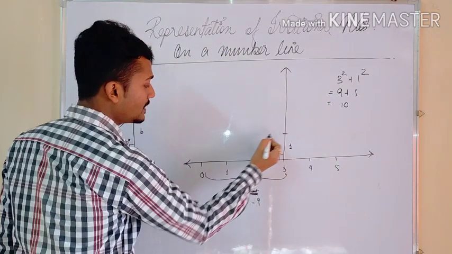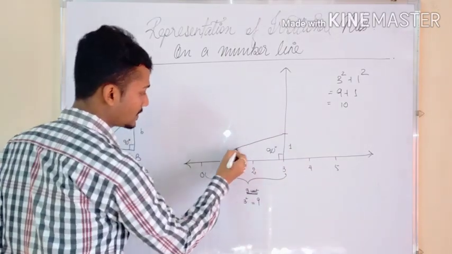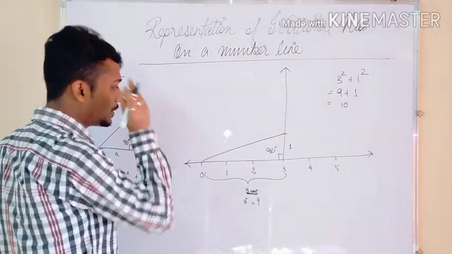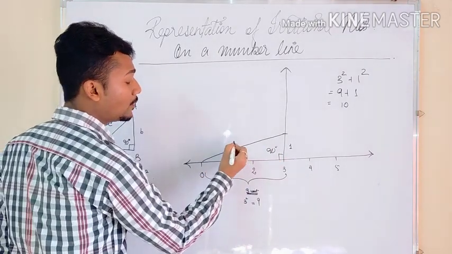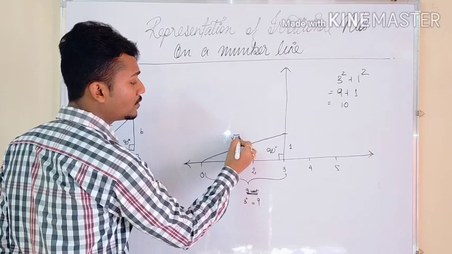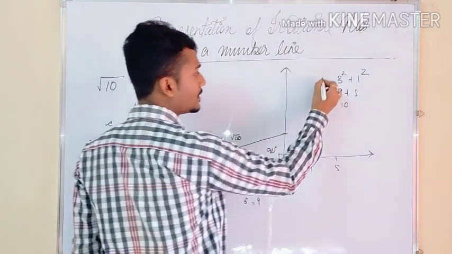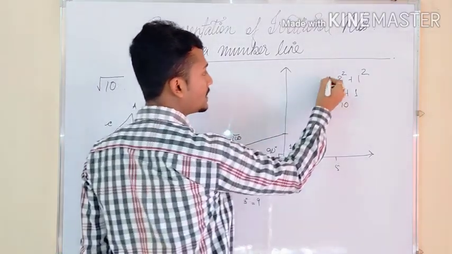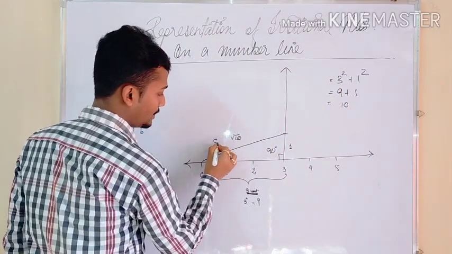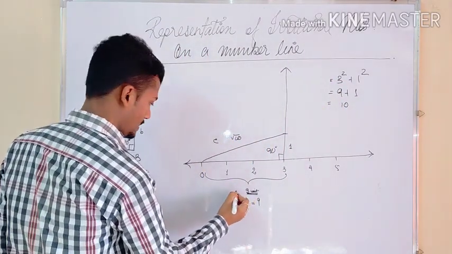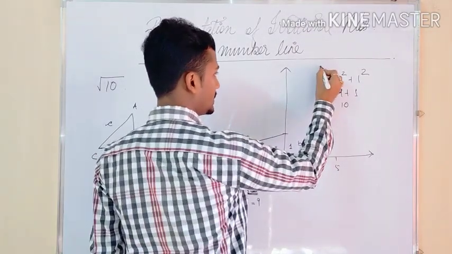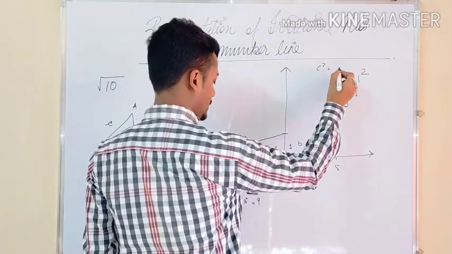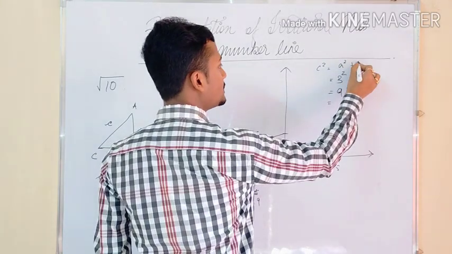That means if we join both the points, this particular line will be, how much will be the value? It will be root over 10, is it? Say for example this particular measurement is C, this one is A, this one is B. C square is equal to A square plus B square.